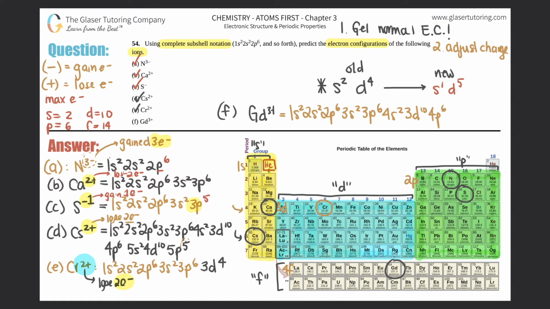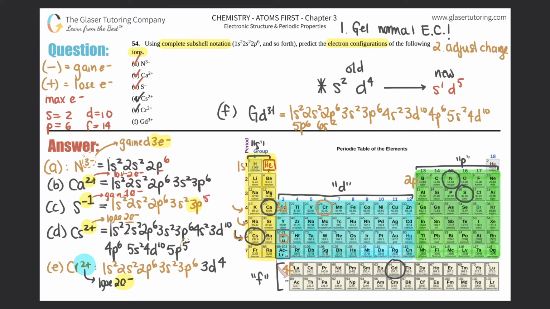I'm now dropping down to here in the 5, so that's 5s2, 4d10, and then I'm just going to go down a little bit because I don't have any room. Okay, 5s2, 4d10, so that's 5p6. And now I'm at the 6 range. So I'm at 6s2, but then look here.